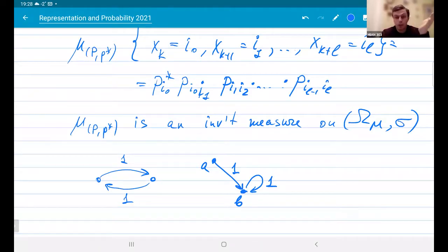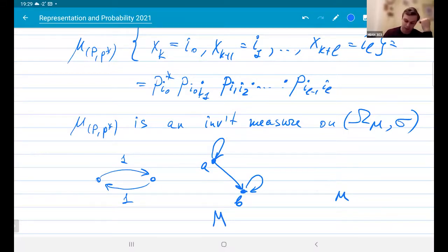Well, first of all, what is A? So A_M. So M corresponds to this graph of two. Well, in fact, our requirement forbade this, because if we are here, then we cannot go. But okay, let's do this. What is omega M for this M?